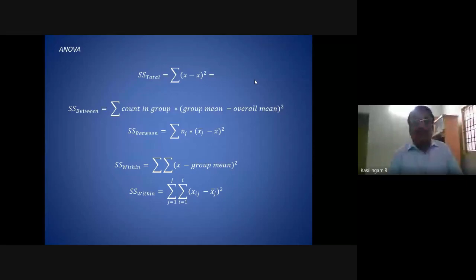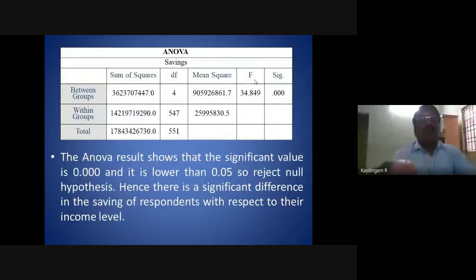Like that if you put within, that is the difference of the item from its group mean. So within that group, what is the difference? That is how we will find it out. So between and within, if you add, you will get the total.